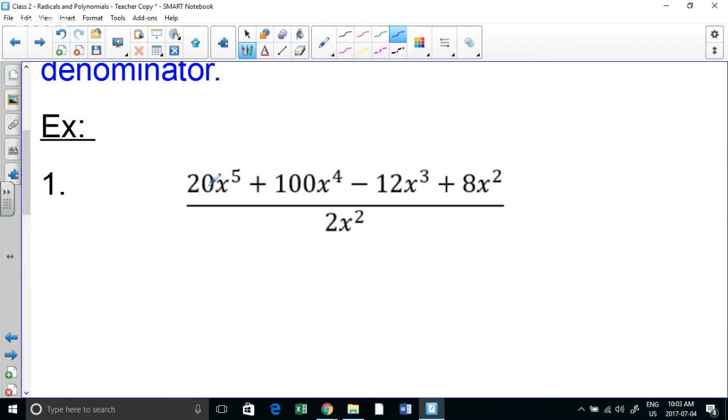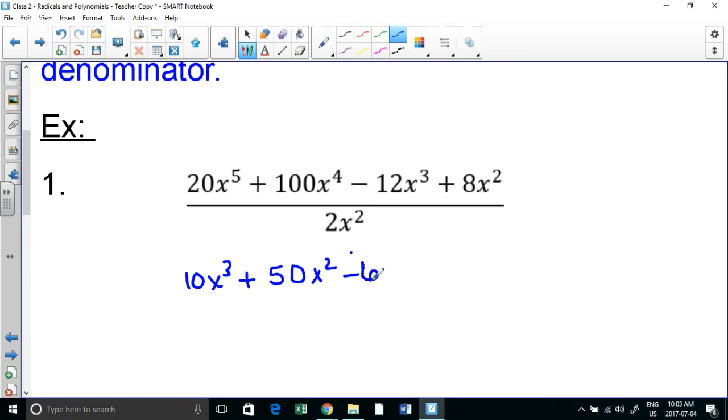I have this polynomial divided by a monomial. So I'm going to take each of these terms individually and divide by this monomial. I have 20x to the 5 divided by 2x squared gives me 10x cubed. Then I take this 100x to the 4 and I divide by 2x squared. Well, 100 divided by 2 is 50. x to the 4 divided by x squared is x squared. Negative 12x cubed divided by 2x squared.